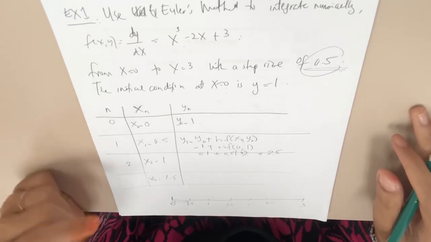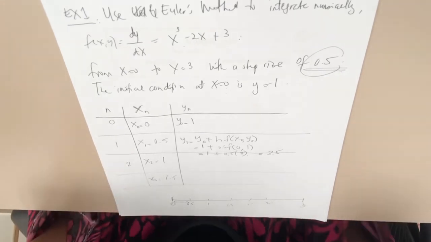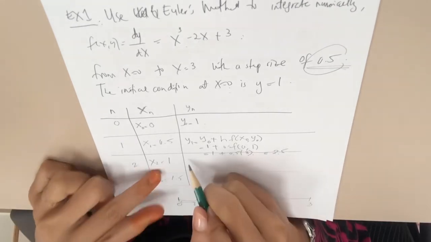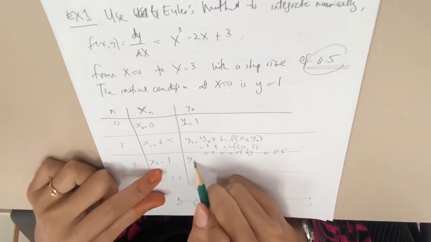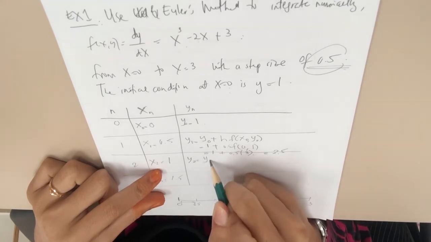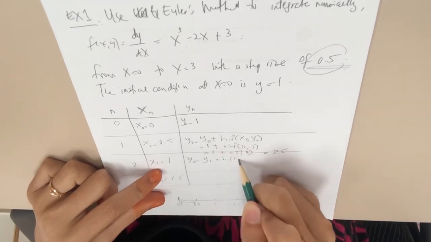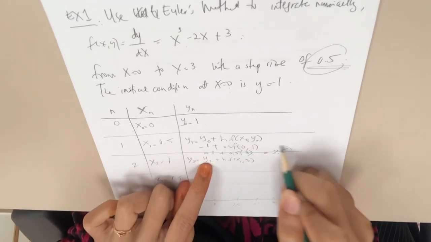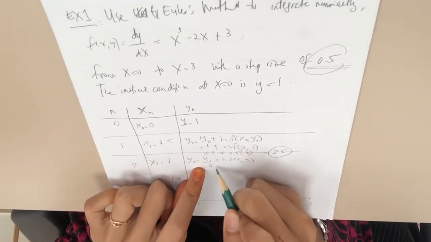To get x2, x3 and so on, you just repeat the same procedure. For x2, you will calculate y2. y2 equals y1 plus h times f of x1, y1. For y1 you get the value from here, 2.5.